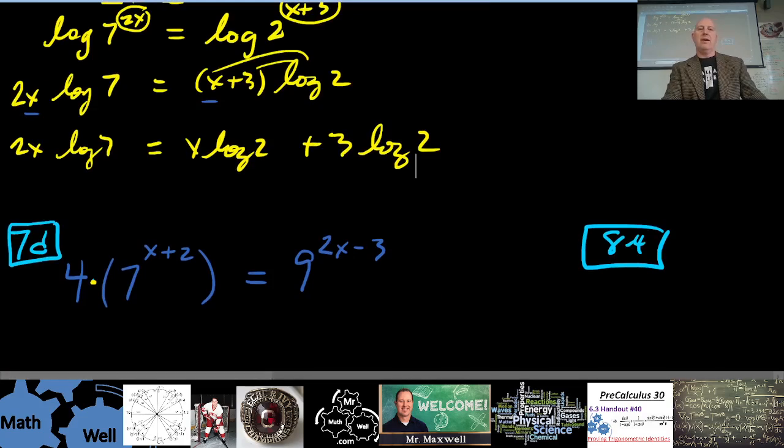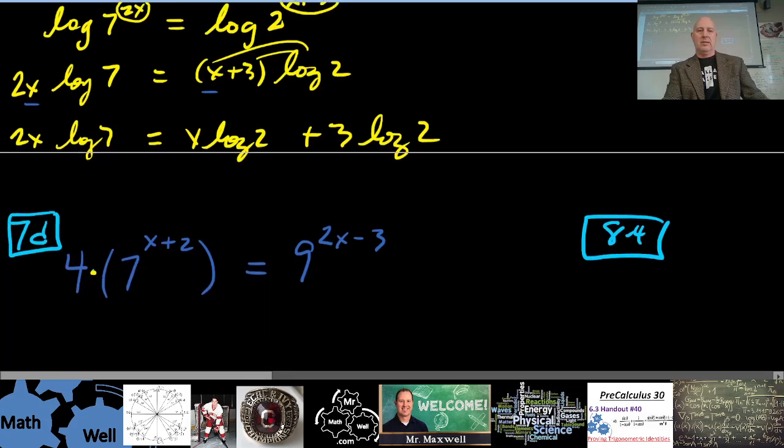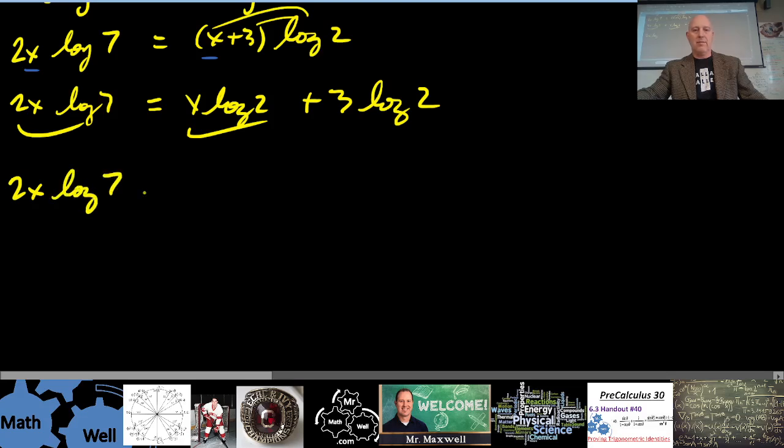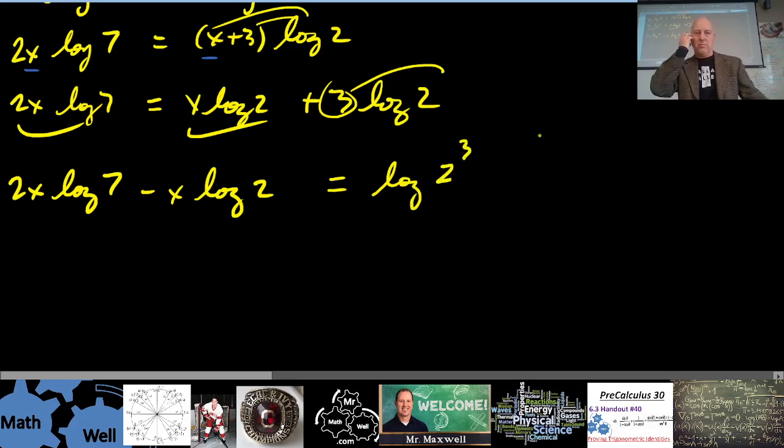And so now I have the x terms all separated, so I'm going to bring these two together, this one and this one. So I'm going to go 2x log 7 minus x log 2. And then this, I can bring this 3 up there to make this a log of 2 cubed, right? Which just maybe simplifies things just a little bit.